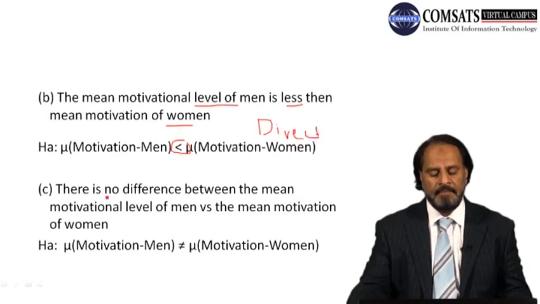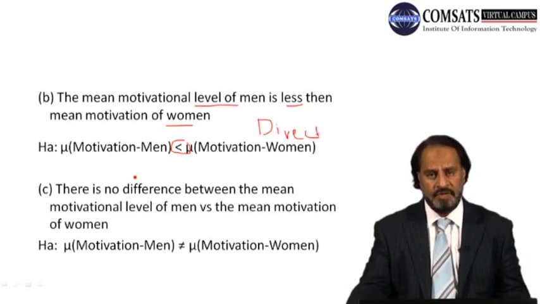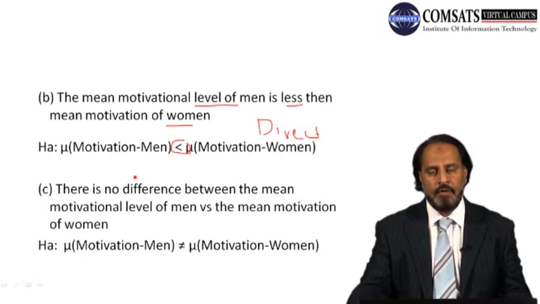Okay. In case the literature is not conclusive as to whose motivation is more, that is, either men have more motivation or women have more motivation, if the literature does not support it, it's inconclusive, it's not clearly present, then you also can write the statement in what we call the non-directional way.